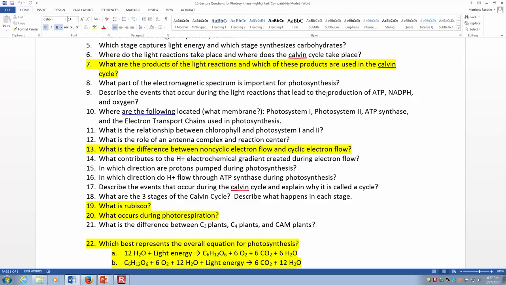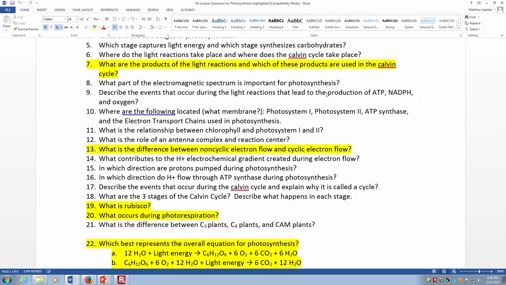Okay, number 19, what is rubisco? It's an enzyme, and what reaction does it catalyze? Right. It catalyzes the first step of the Calvin cycle, where you take carbon dioxide and you attach it to ribulose bisphosphate. So it catalyzes the reaction between carbon dioxide and ribulose bisphosphate. Okay, so this is what happens in the first step of the Calvin cycle.